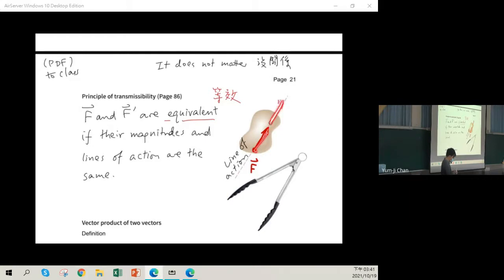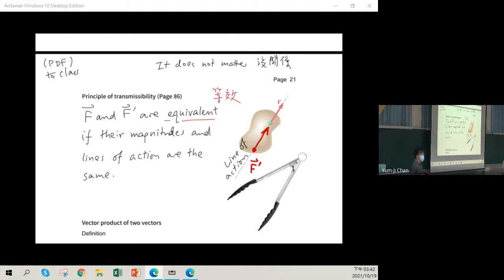We can move it to the front or to the back, or of course to the center as well. Sorry, F prime is this one.